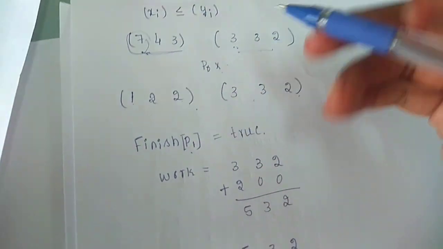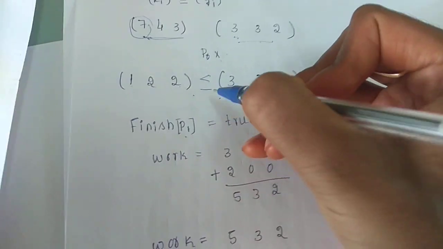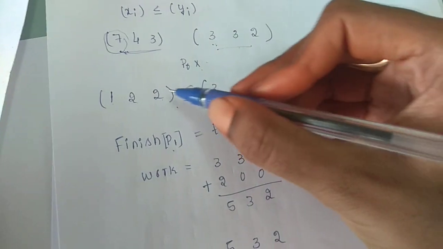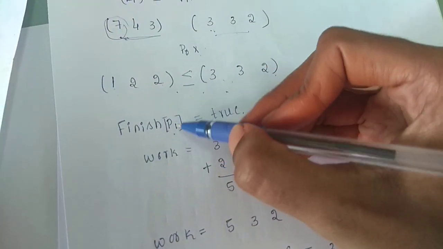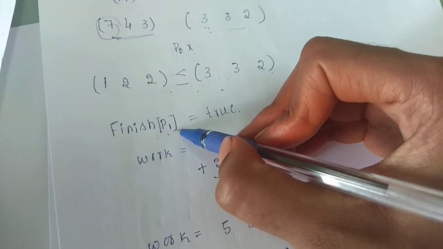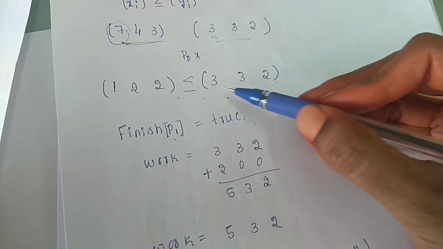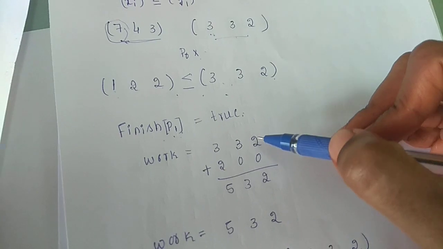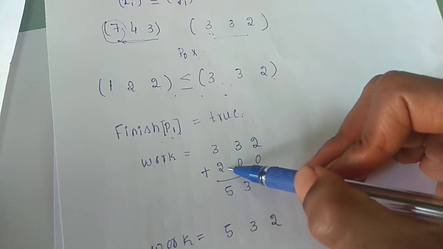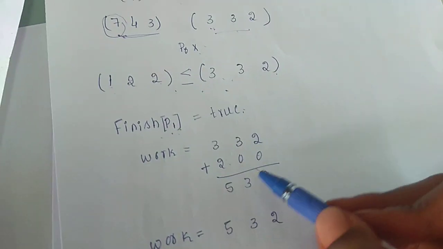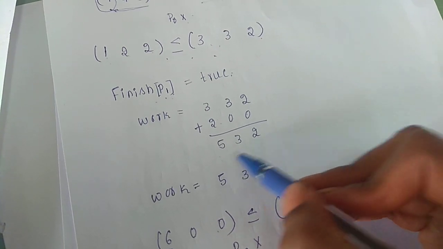So I rejected process P0 and I moved forward to the process P1 need. When I checked it, I got true, that is, the condition was met. So that is why I made process P1 finished, that is true. And I updated the available 3, 3, 2 with the allocation of process P1, 2, 0, 0, and I got new work 5, 3, 2.